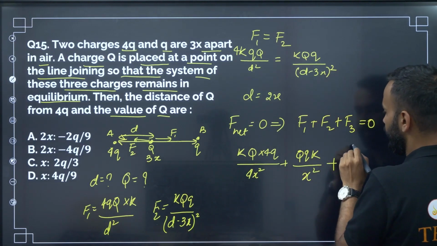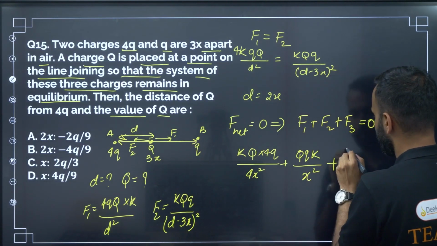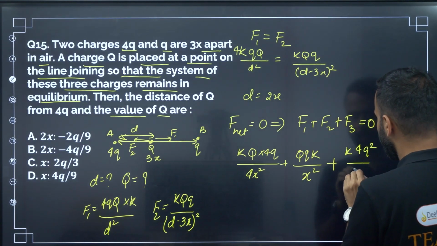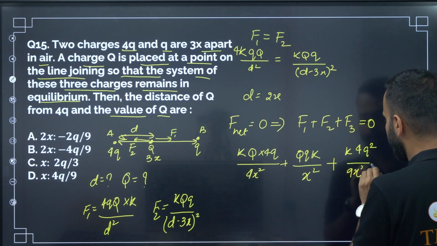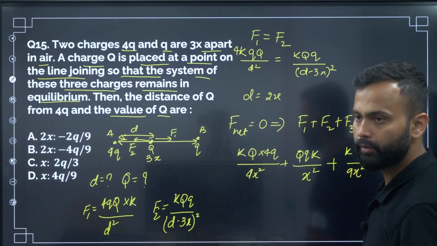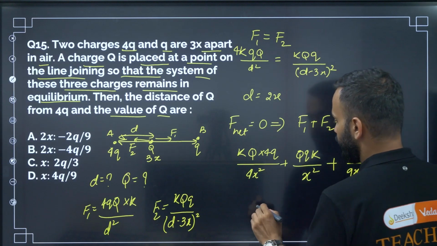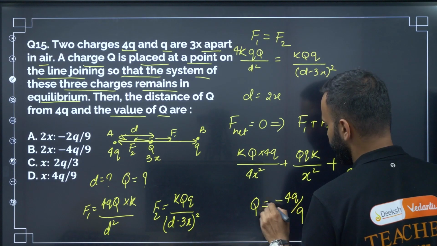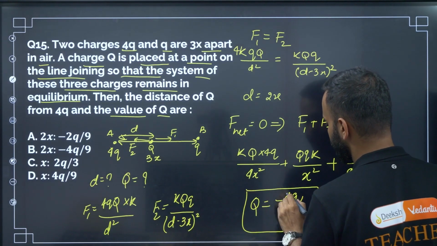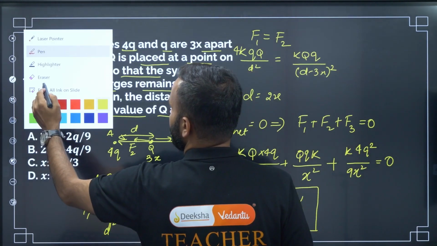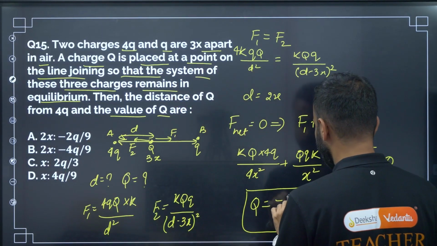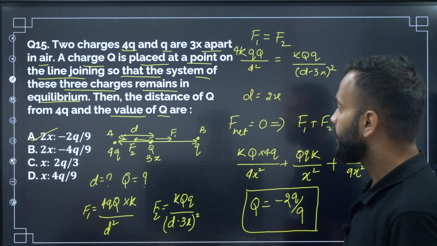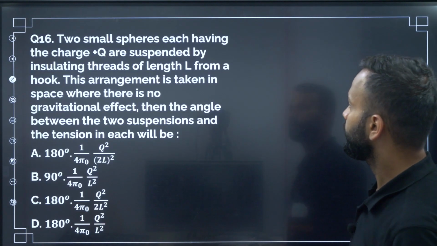F3 is the force between 4q and q, so k 4q square divided by 3x whole square, that is 9x square, which is equal to 0. Now solve this. You will get the value of Q as minus 2q divided by 9. So the correct option is A. Next question, question number 16.